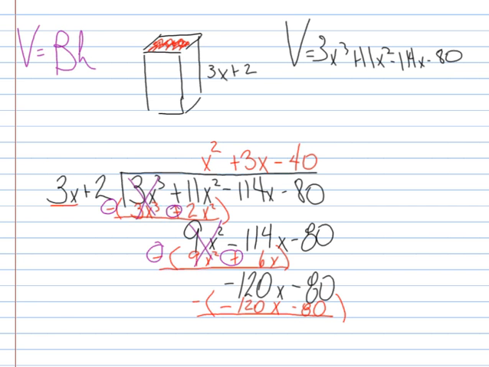And in doing so, these first two have been eliminated, which was my goal. Then I've got to remember, a minus and a minus makes that a plus. A negative 80 and a positive 80 gives me a remainder of 0. Therefore, the area of the base is right there.